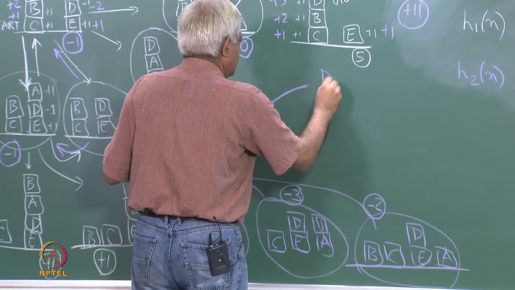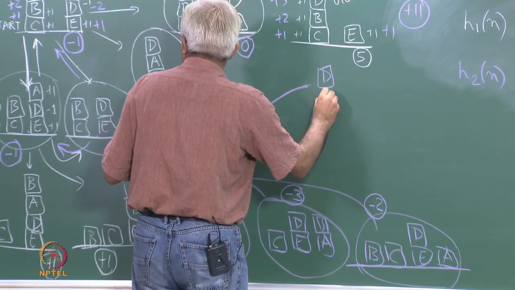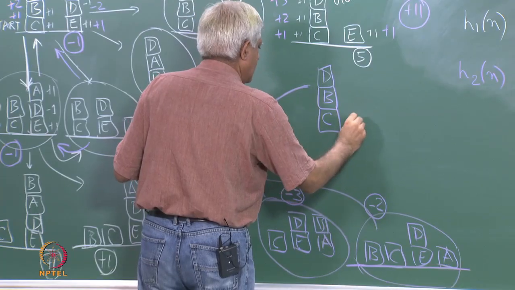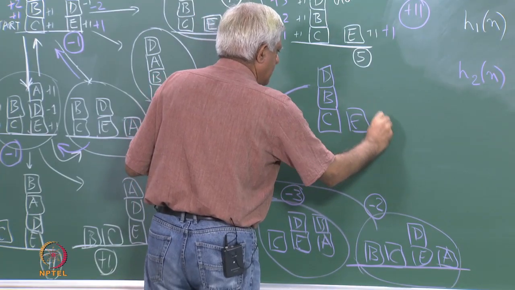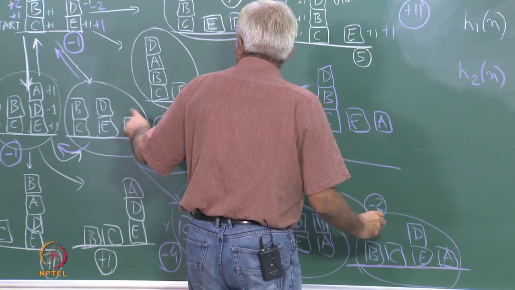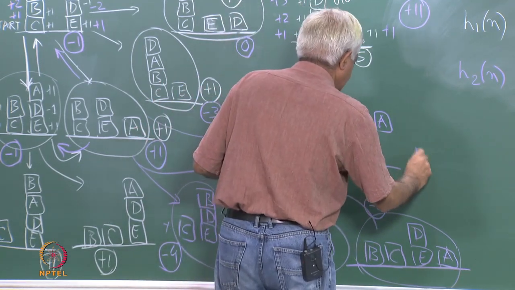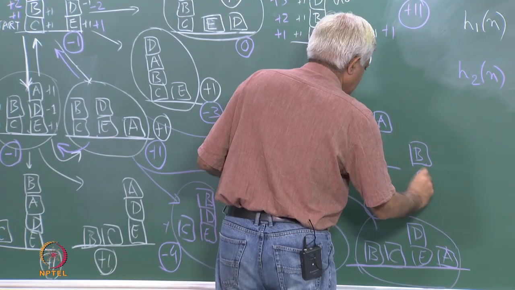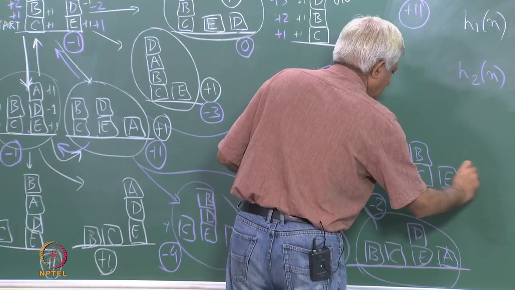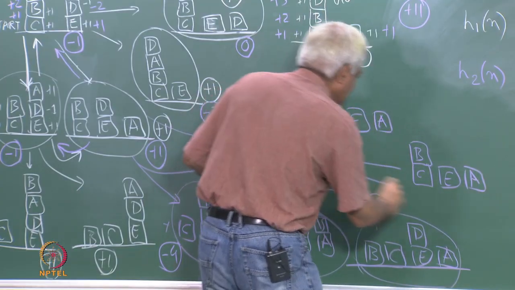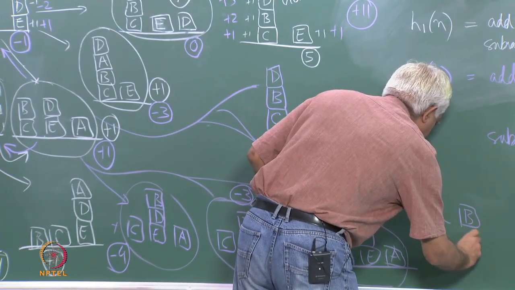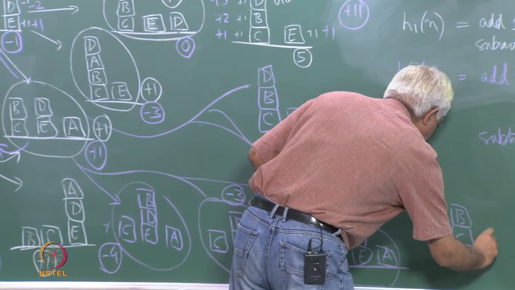So, D, B, C, E, A, or it can put D on A, which is B, C, E, E, or lastly it can put D on the ground, on the table.